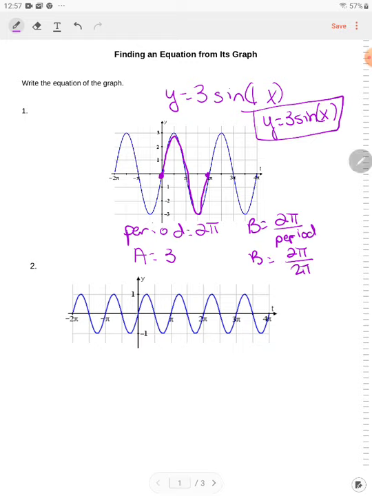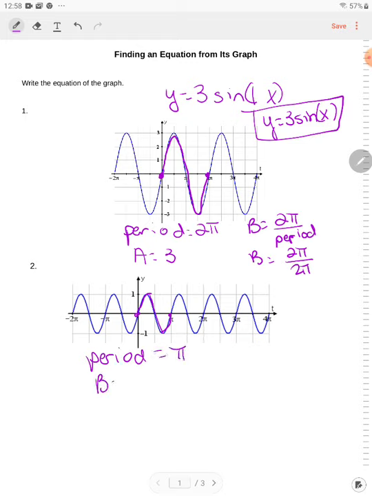Okay, here again, if I notice it starts at (0, 0), I know that sine graph starts at 0, my y value, and goes up. And it stops here at pi. So again, tracing along, that tells us our period is pi.